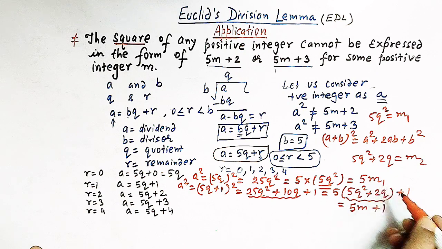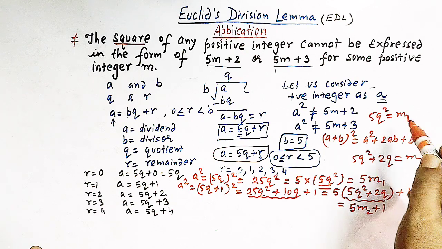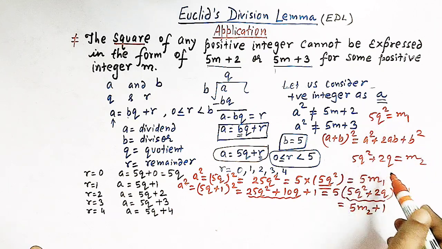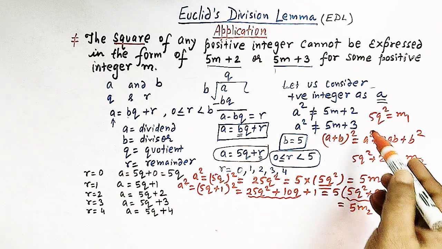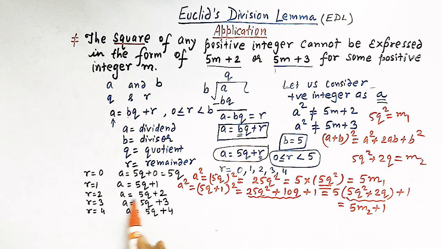So here we can take 5m1, and here we can take 5m2 plus 1, just for distinguishing between 5q square and 5q square plus 2q. So we'll follow the same rule for r is equal to 2, r is equal to 3, and r is equal to 4.